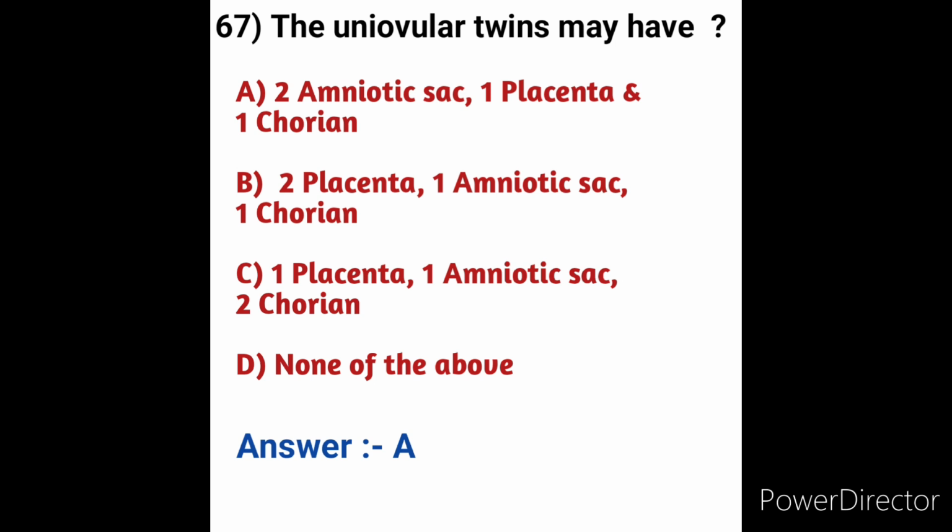Okay friends, uniovular twins means twins developed from a single ovum which, after fertilization by a single sperm, has undergone division to form two embryos. The twins are of the same sex, with similarities in physical and mental characteristics as well as the same blood group, but the fingerprints are not the same.